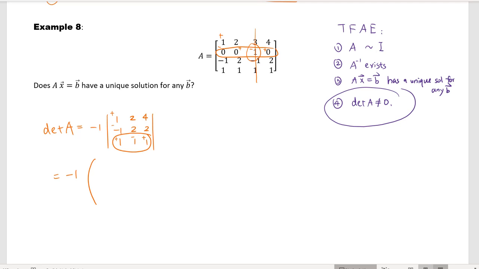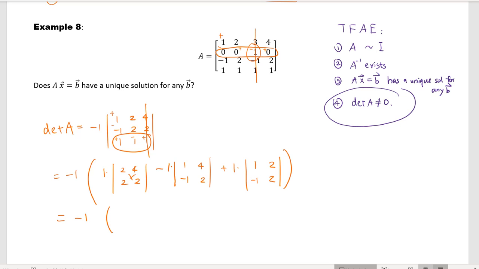We get positive 1 times the determinant of the submatrix by deleting the third row and the first column, so 2, 4, 2, 2. And then minus 1 times the determinant of deleting the third row and the second column, so minus 1, 4, 2. And then plus 1 times the determinant of the submatrix 1, 2, minus 1, 2.